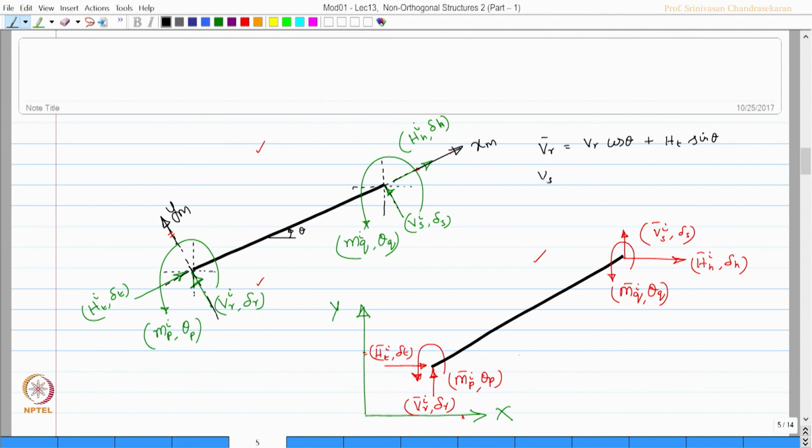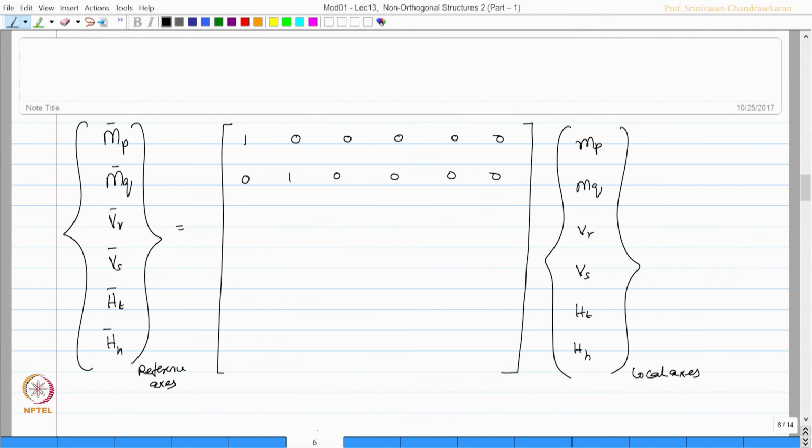If you want to find V s, that is the right hand side, that is the kth end, this is my jth end, this is my kth end, similarly the jth end and the kth end. Okay, at the kth end, you know V s bar will be actually equal to V s cos theta and H H sin theta. So, one can write this similarly for the horizontal forces, then one can generate the matrix as you see here.